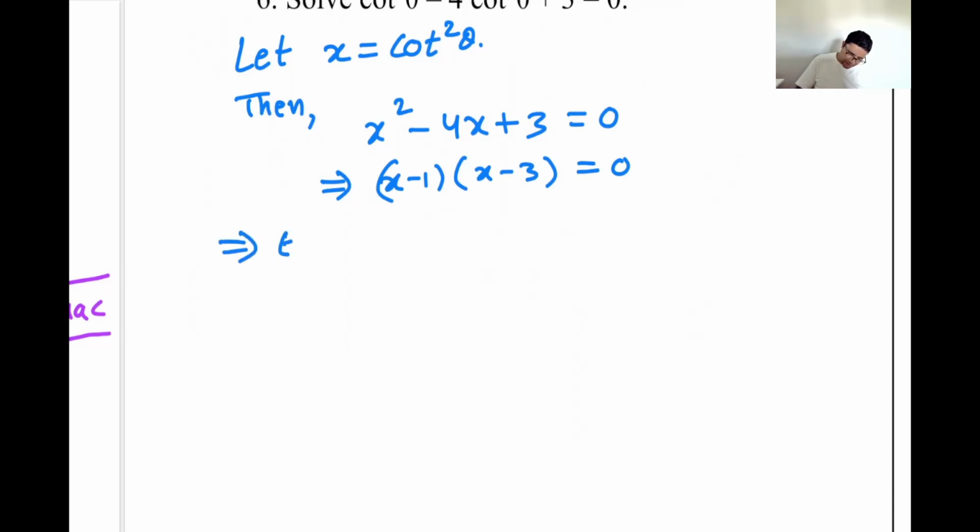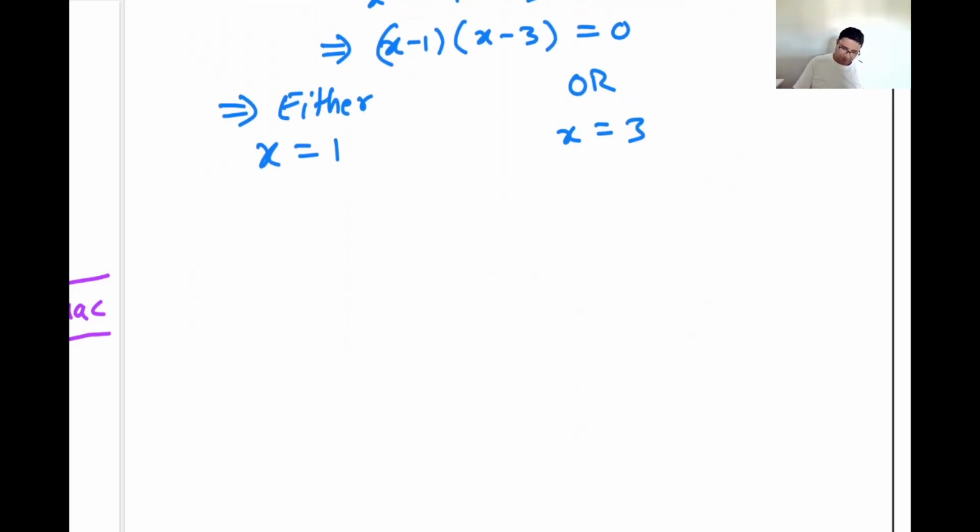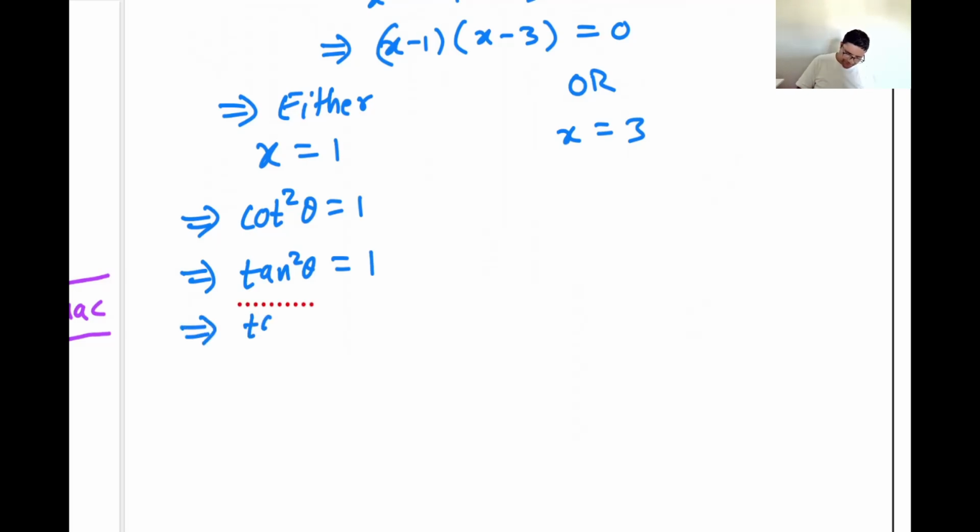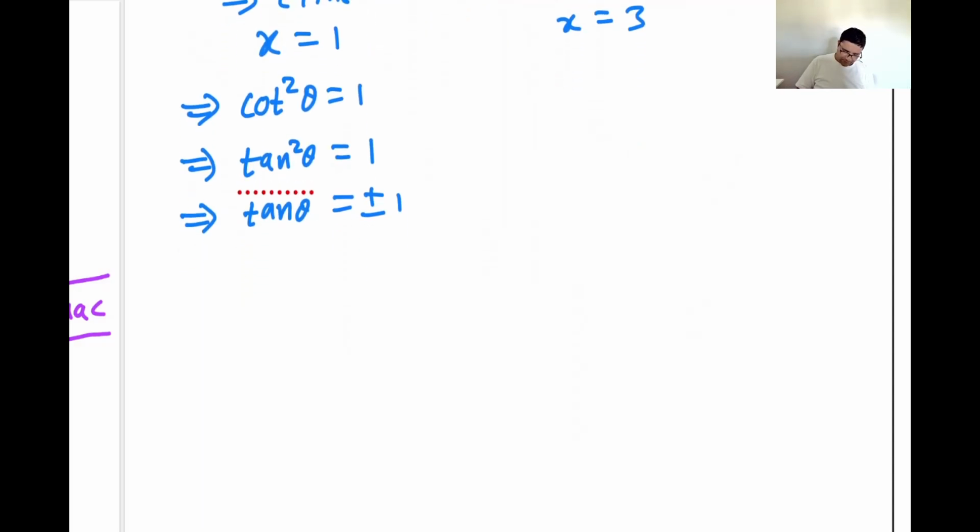So you get either x equals 1 or x equals 3. Now, what is x equals 1? Cot square theta equals 1. So that gives you tan square theta equals 1. Reciprocal will be itself. So tan theta will be plus minus 1. And you get two things from there now.